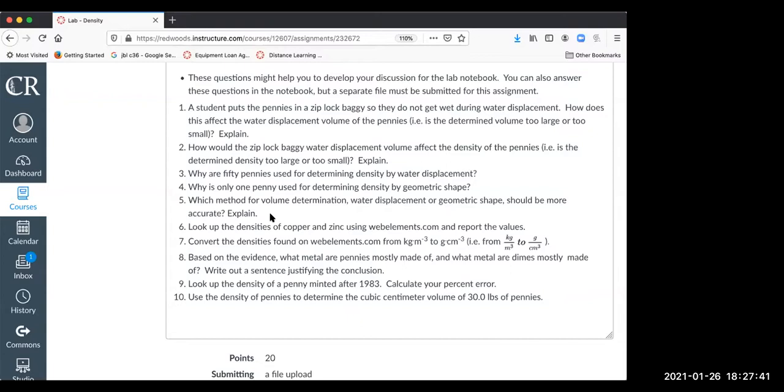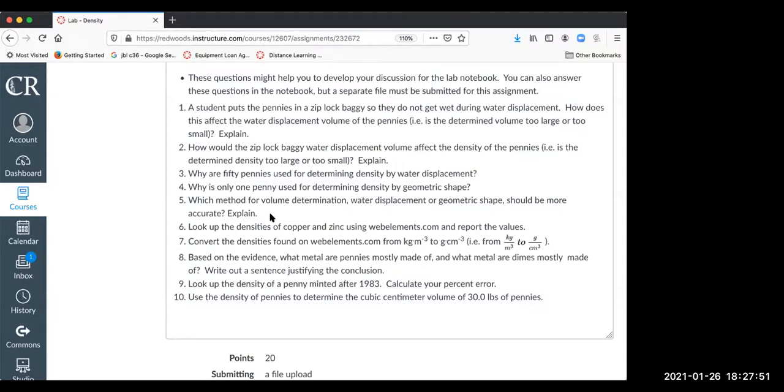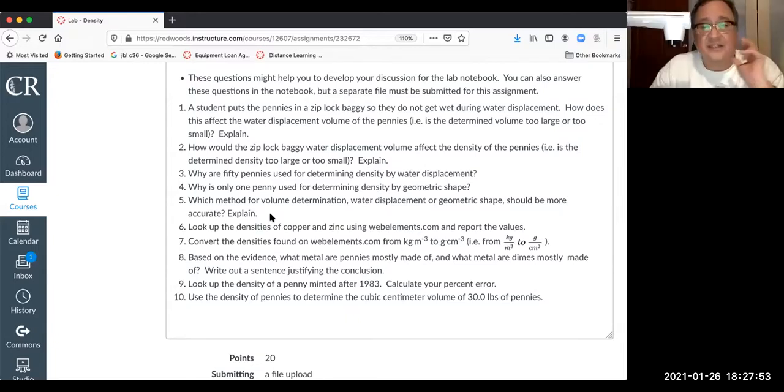Can you repeat it? Yeah, so let's say that you calculate the density of the pennies and you don't use the plastic baggie. And then you calculate the density of the pennies and you do use the plastic baggie. How will the density of the pennies when you don't use the plastic baggie compare to the density of the pennies when you do use the plastic baggie?